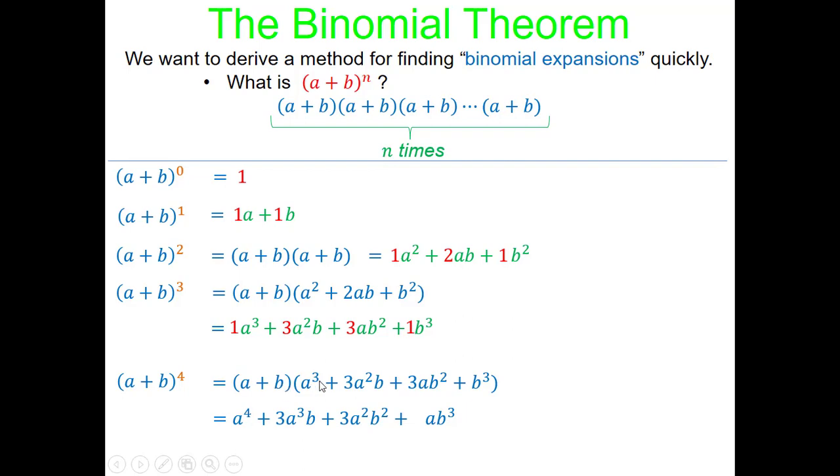And if we distribute the b to each of the terms inside, that ends up giving me an extra b on each term. Now you can see that what I'm doing here as I distribute is lining up the like terms. I get some a cubed b terms, some a squared b squared terms, some ab cubed terms, and now if we combine them together, we get this quantity. Notice again that the first and last terms have a coefficient of 1.